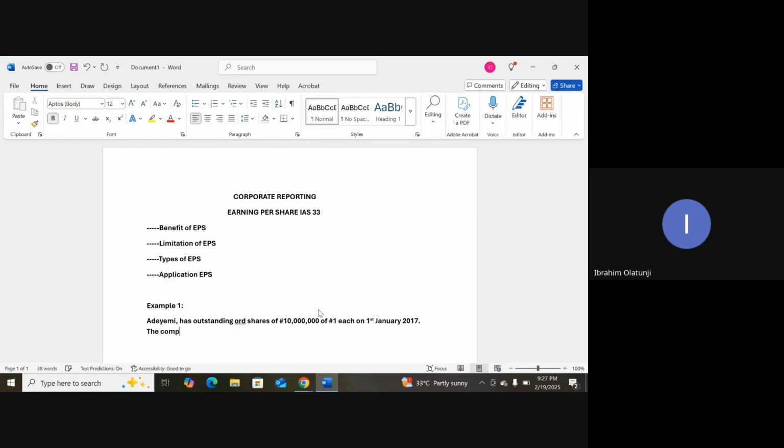The company makes up account to 31st December every year.